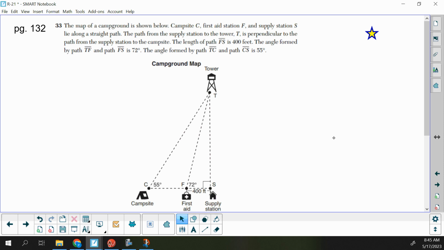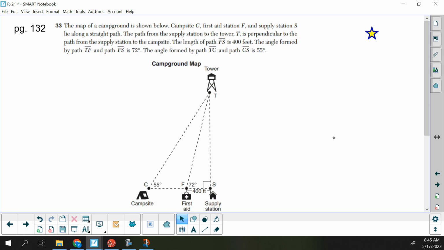So we've got a campground map. You've got campsite C, first aid station is F, supply station is S. They all have straight paths between them. And then the tower is T. They tell us that FS is 400.